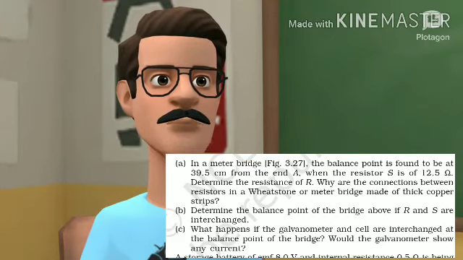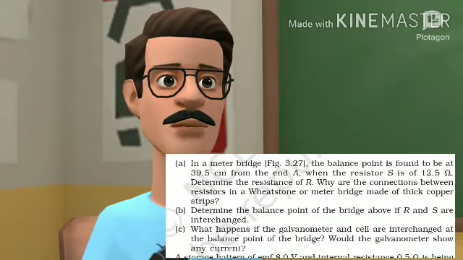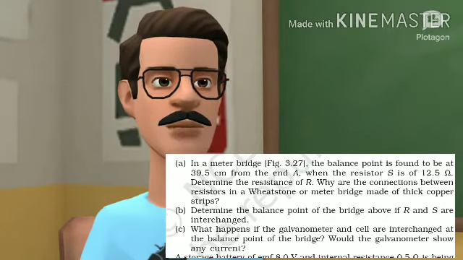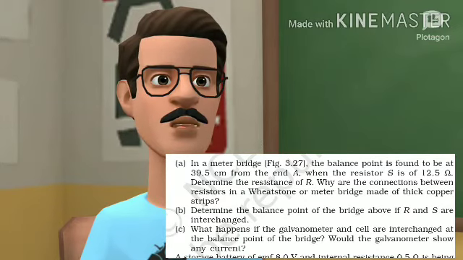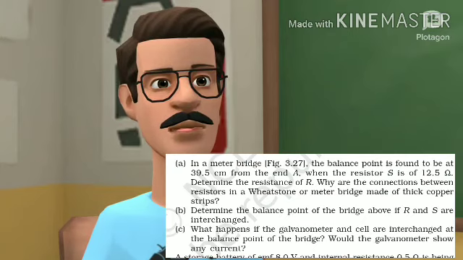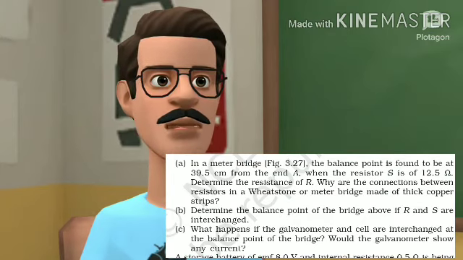Second, part B, determine the balance point of the bridge if X and Y are interchanged. And the third part, what happens if the galvanometer and the cell are interchanged at the balance point of the bridge? Would the galvanometer show any current? These are the three parts of the question.